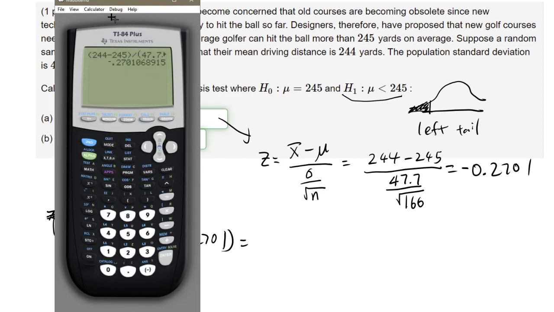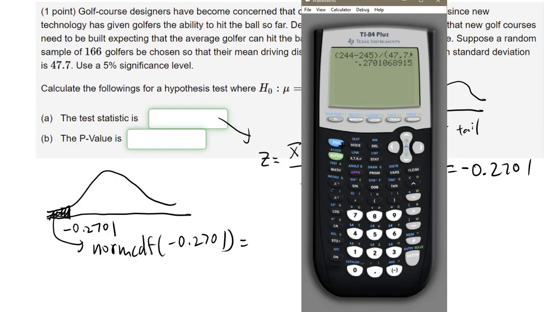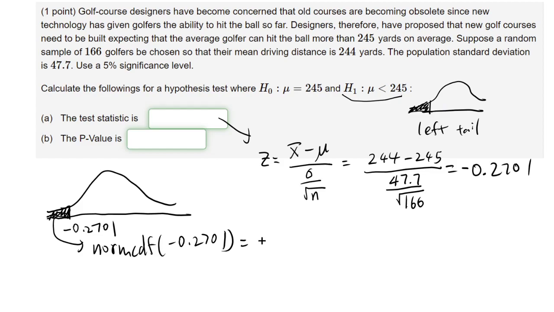The norm CDF, second vars, normal CDF, and then we are going to put the upper as negative 0.2701, and we're going to press enter, and the value is 0.3935.